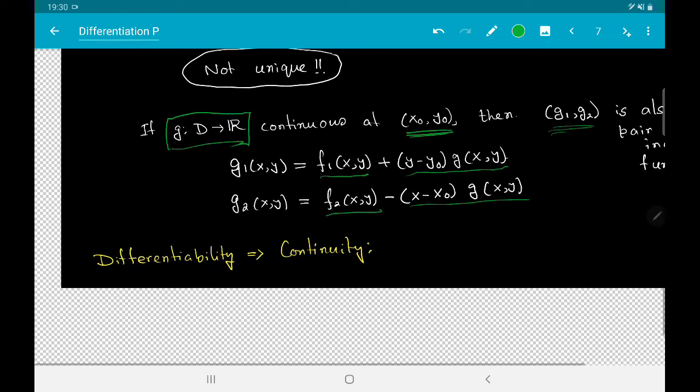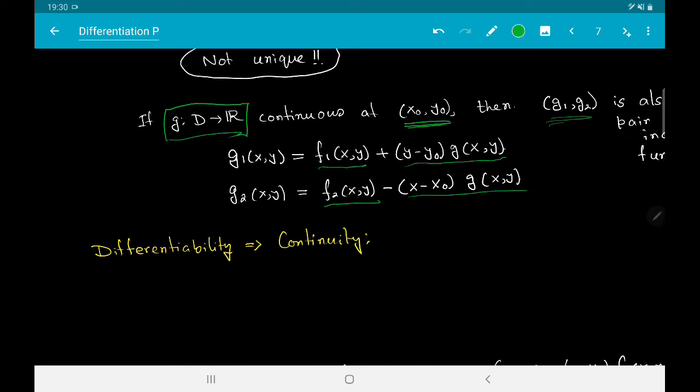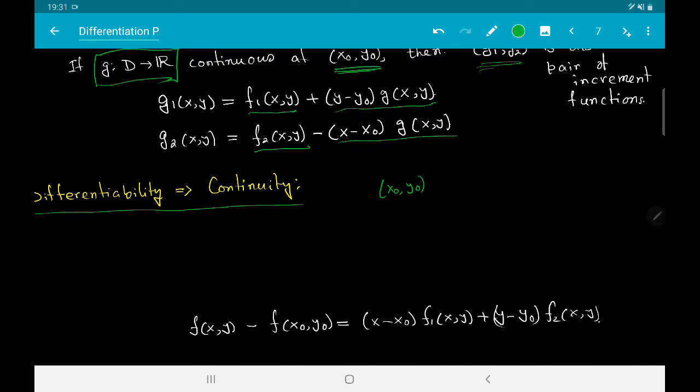Now we come to a rather familiar consequence, which shows that differentiability of a function at a point x0, y0 implies continuity of the function at the point x0, y0. I am going to give only a sketch of this proof.